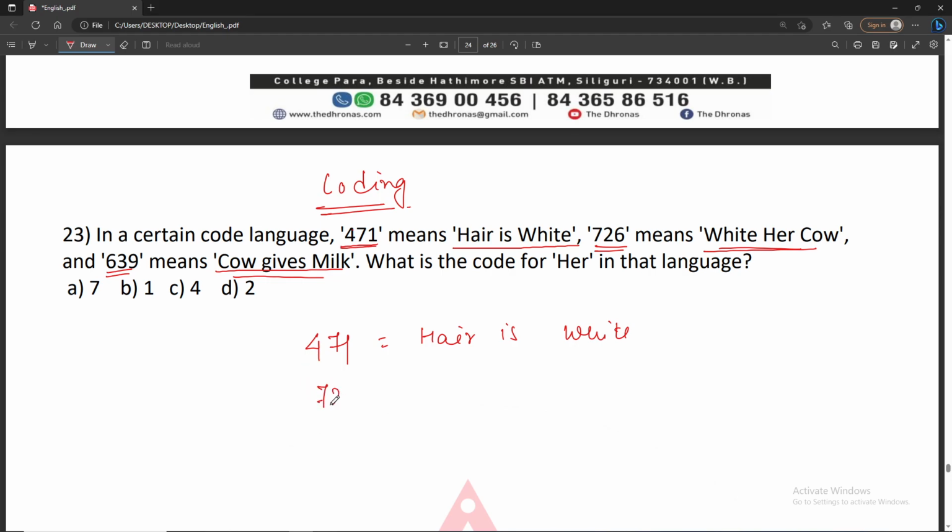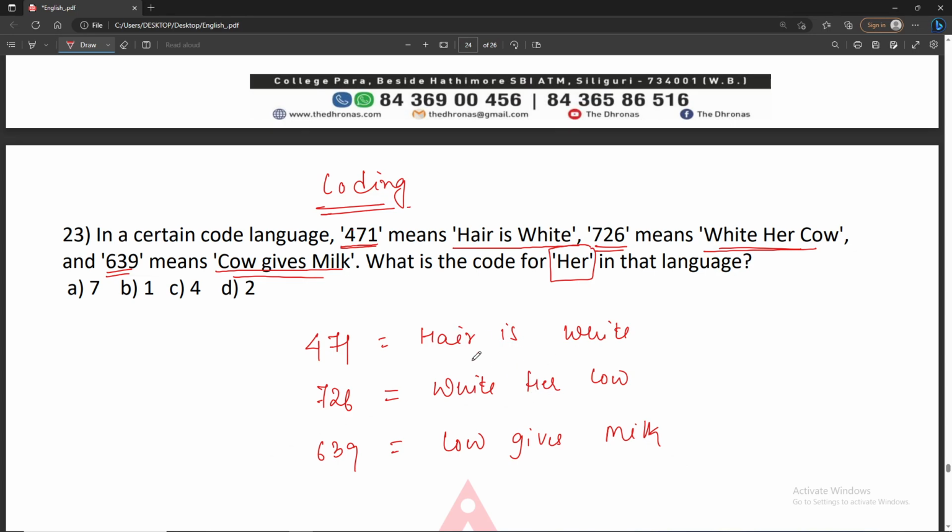Next, 726 means white, her, cow, and 639 means cow gives milk. So we have to find the code for her.